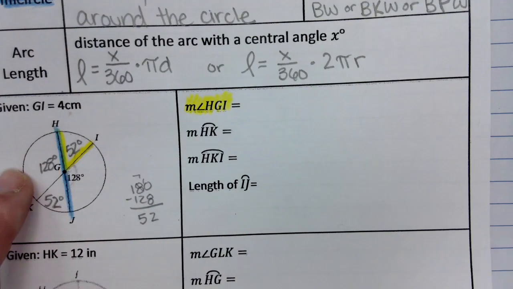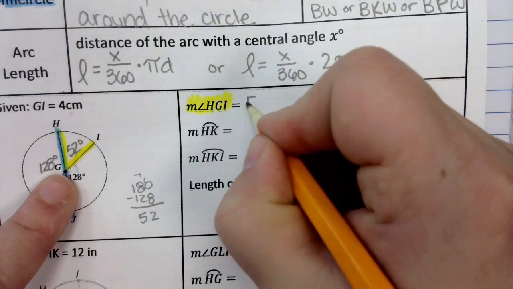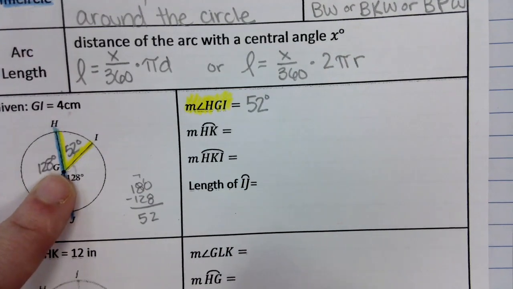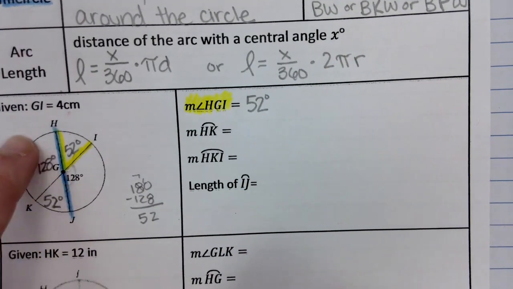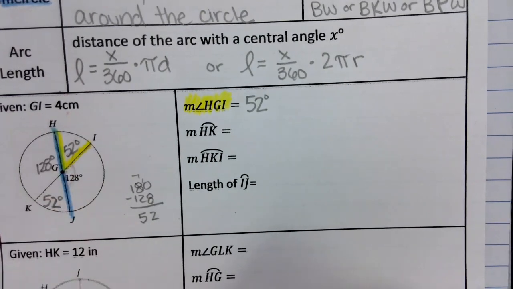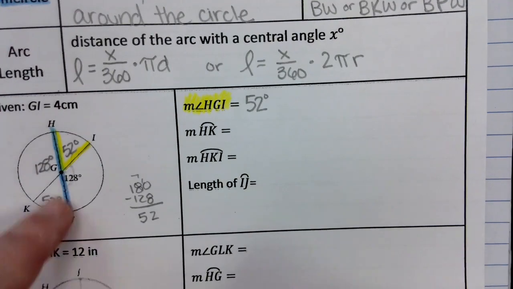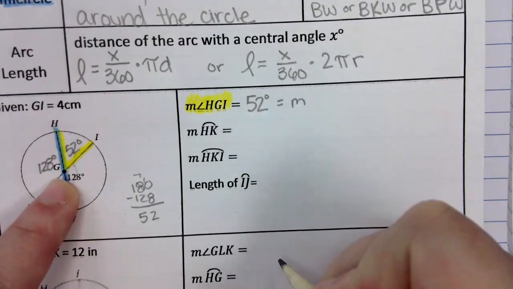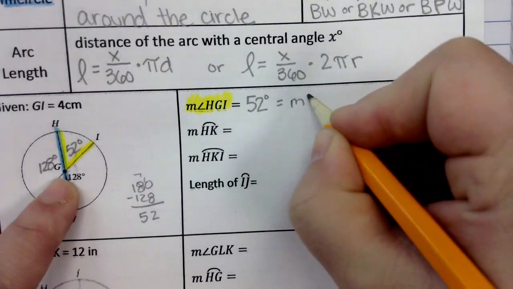And what's the arc that's created by that angle? It goes from H to I. So another way to label that is saying the angle created by that arc, H to I, or when we make that angle, the arc that's made by that, kind of vice versa.